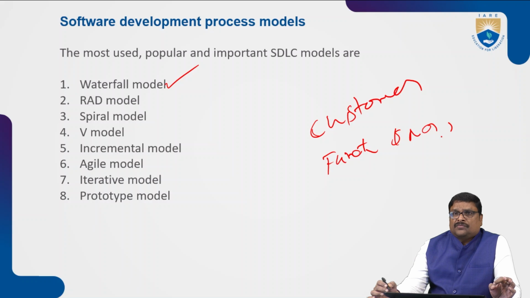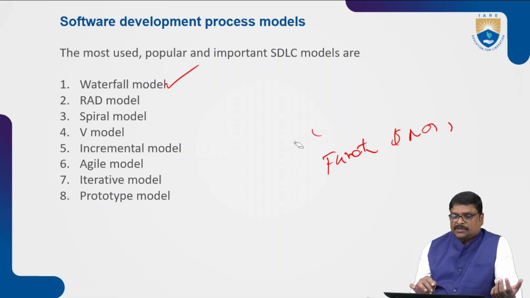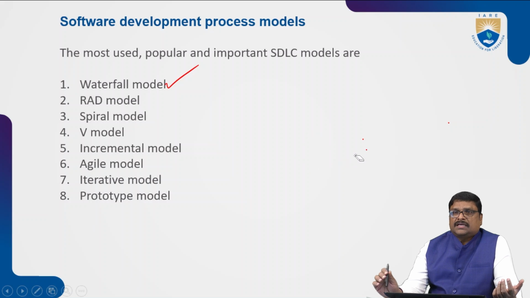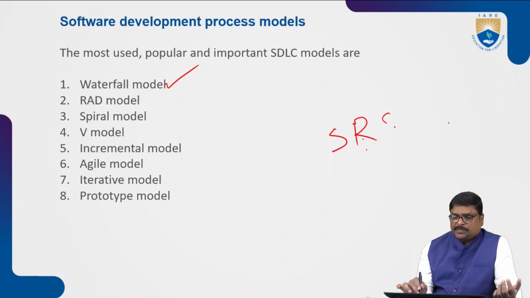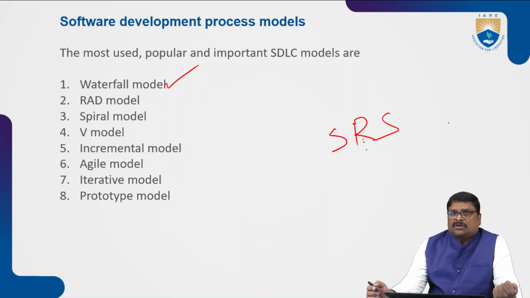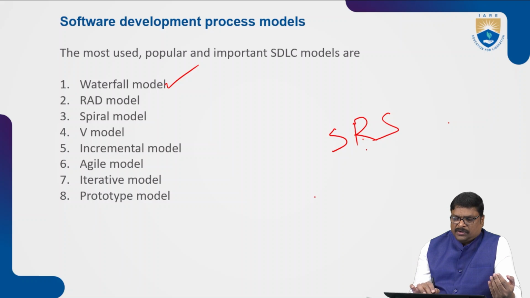So in the process of the software development lifecycle, what exactly do we do? A customer will provide requirements. Software requirements are nothing but the need of the customer. The stakeholders will understand the need of the customer and keep it in the form of SRS, software requirement specification documents, which are helpful to the stakeholders involved in the SDLC.